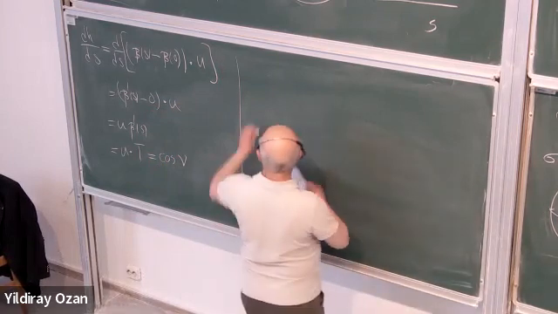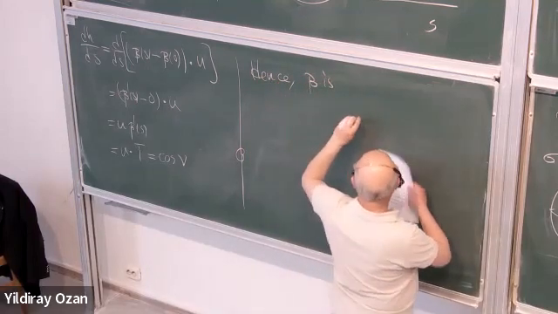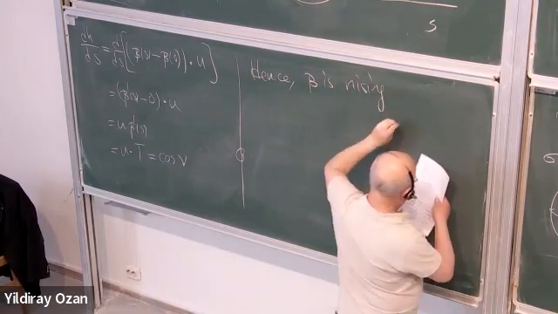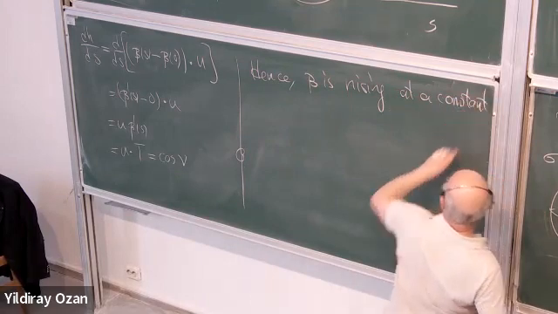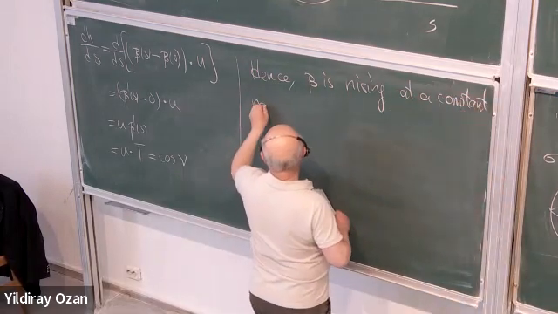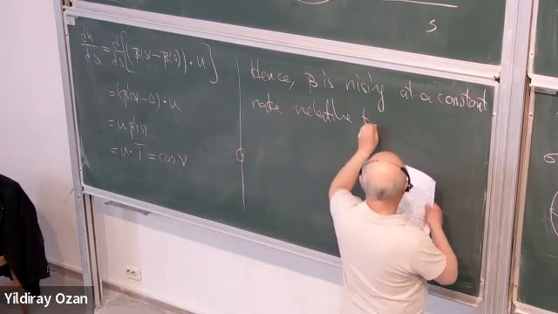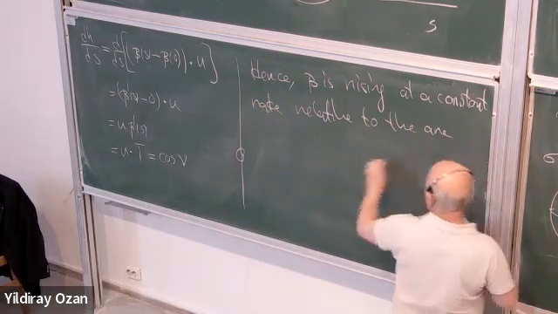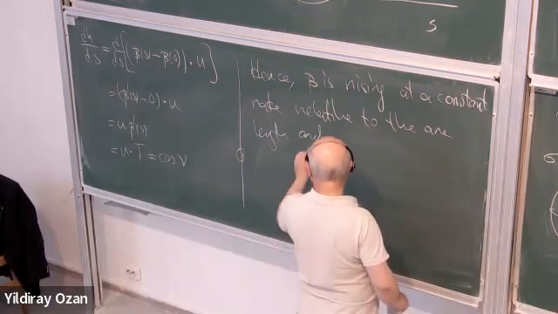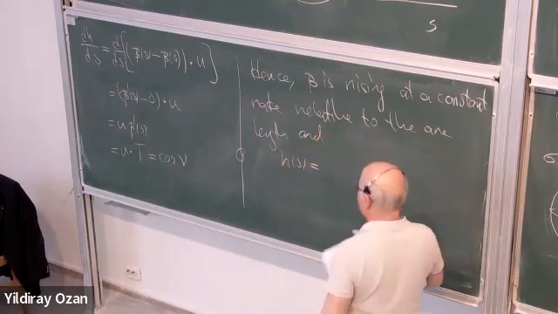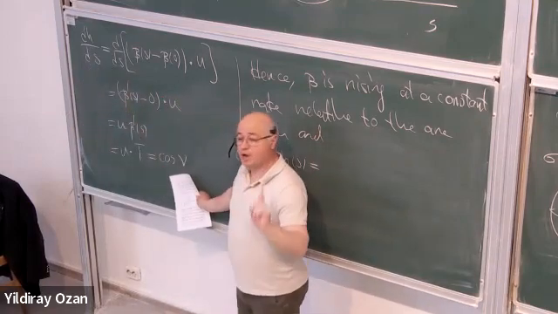Well, this means hence beta is rising at a constant rate relative to the arc length, and h of s is a function whose derivative is this constant.